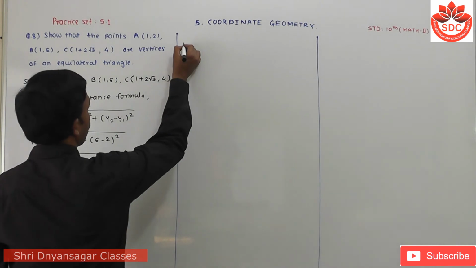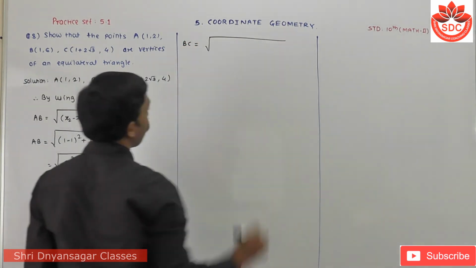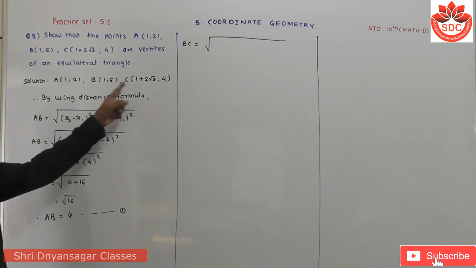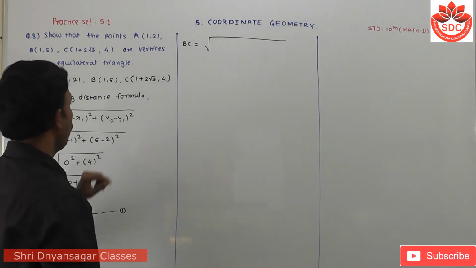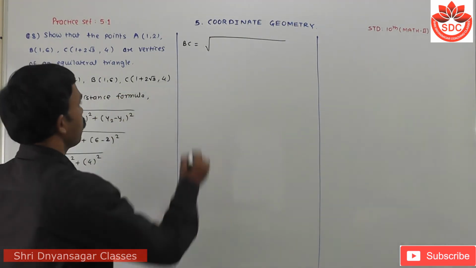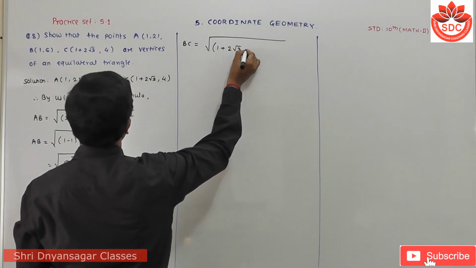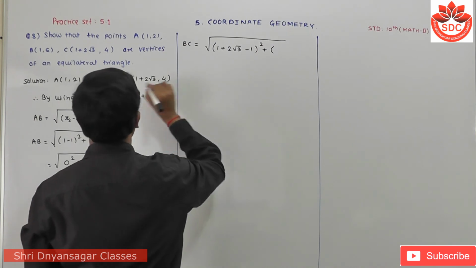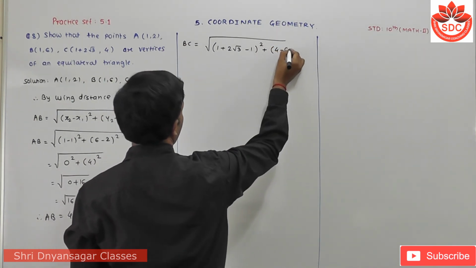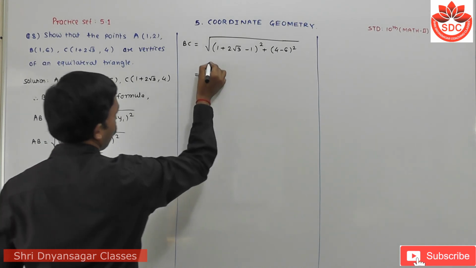Then BC. Again we use the distance formula. Now here for this BC, x1, y1, this is x2, y2. So first I have to write x2 minus x1, that means (1 plus 2 root 3 minus 1) bracket square plus (4 minus 6) bracket square. Now student, look carefully.